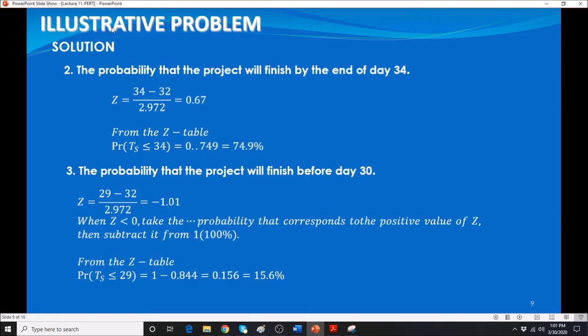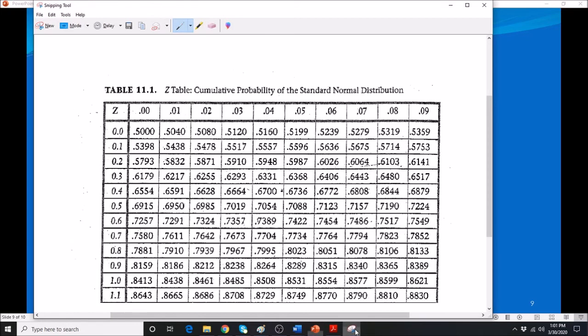Now let's go to the second problem. It says the end of day 34, so our TS is 34. So we have TS minus TE. That's a constant, calculated from our table. Divide by 2.972, and that gives you 0.67. So how do we locate that 0.67? We have 0.6, and you have your 0.07.